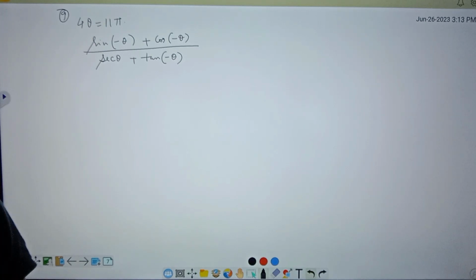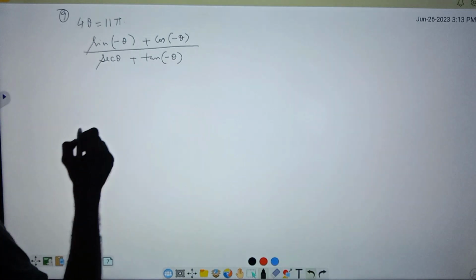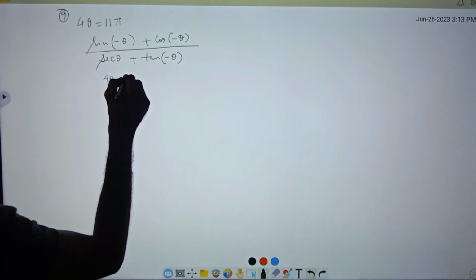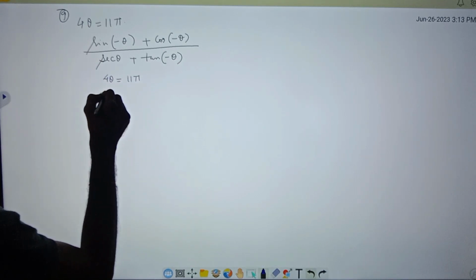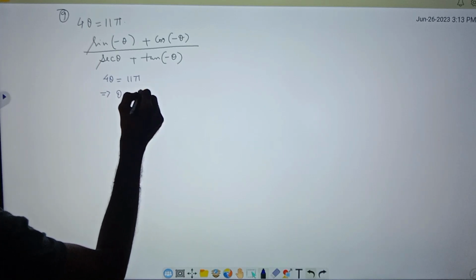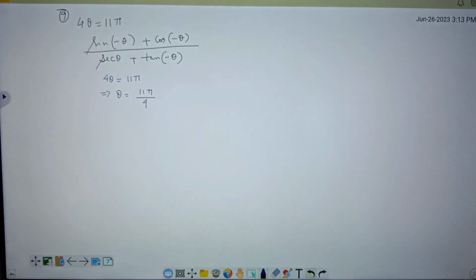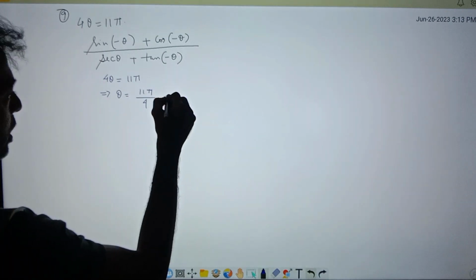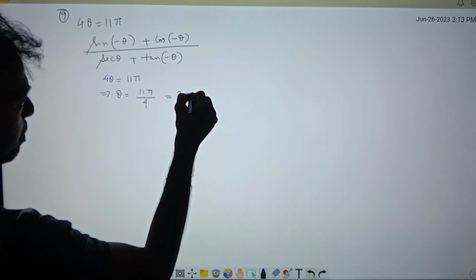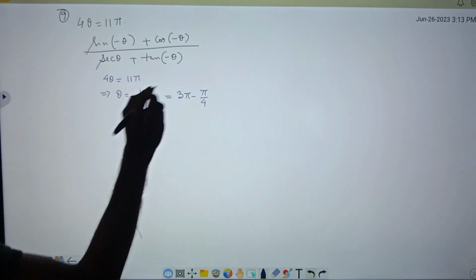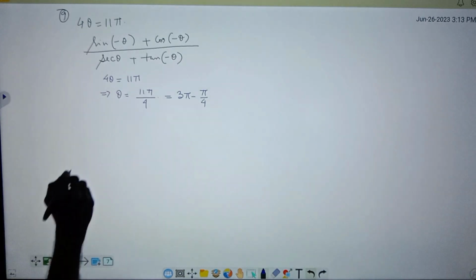Okay. So from the given result, we can say that 4 theta equals 11 pi. Hence, theta will be 11 pi total divided by 4. And you can write this in this way, 3 pi minus pi by 4, right? 3 fours are 12 pi minus pi, that will be 11 pi by 4.